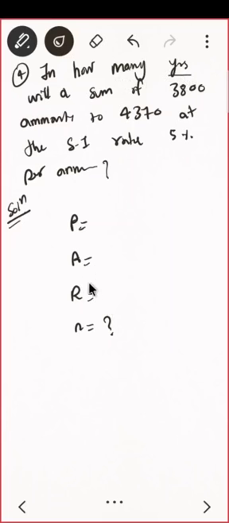What is P and R? R is 5%. Yes, what is P? This is P, and this is amount, correct. So which formula will you be using? What is the formula for amount?